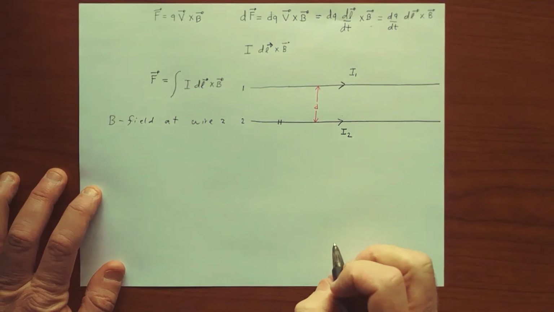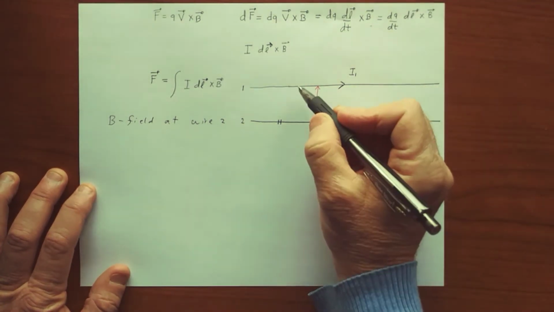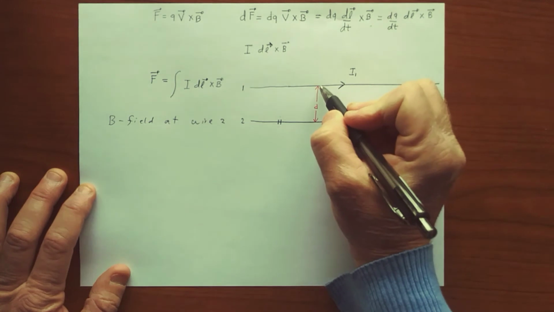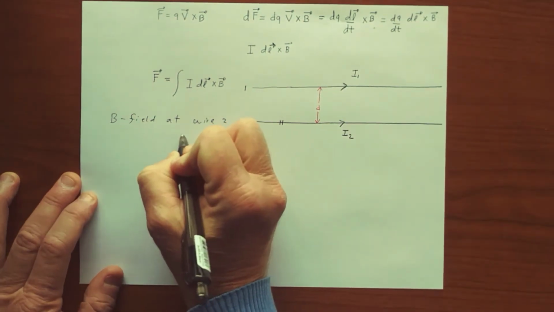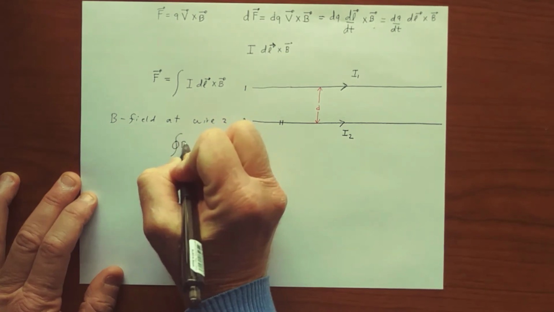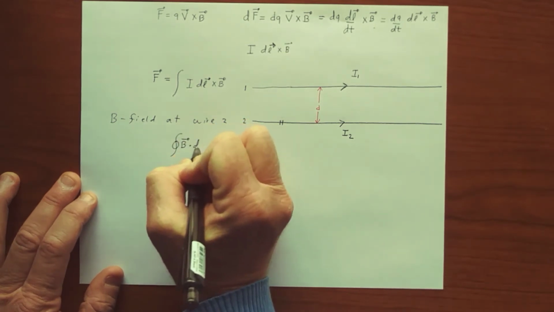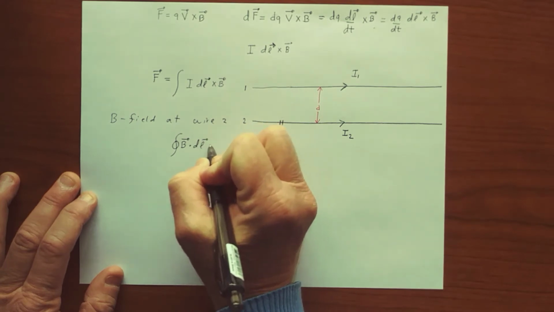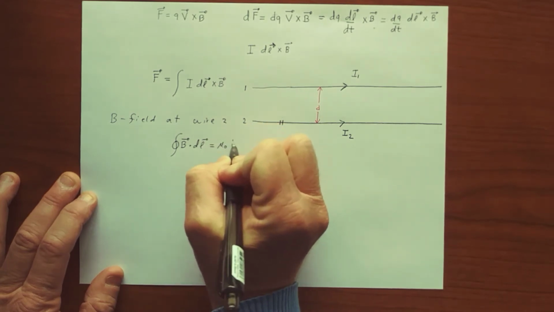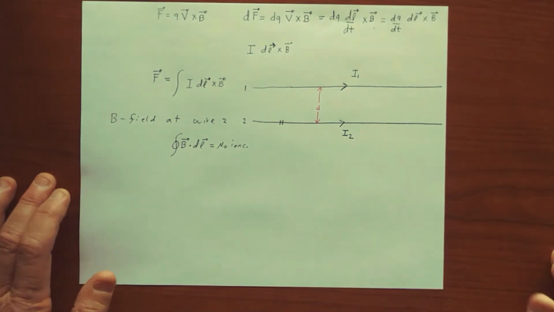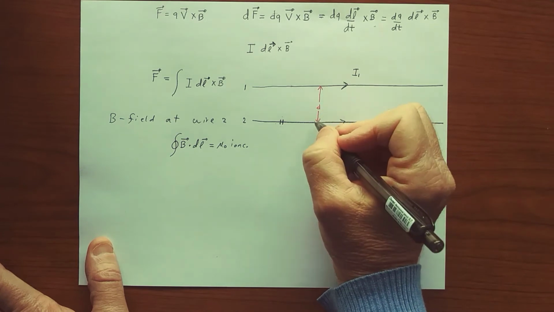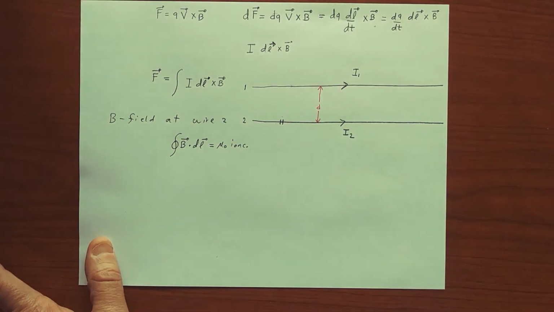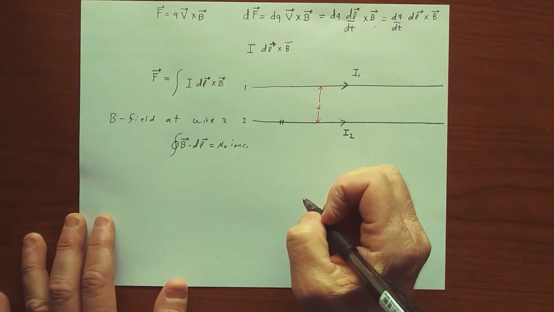We could use Ampere's law and evaluate the field produced by this current at a distance d. Ampere's law gives us the magnitude: the closed integral of B dot dl equals mu naught I enclosed. We can use that to find the field at a distance d below this wire, and everywhere it will be the same by symmetry. When we do that, we're integrating on a path.